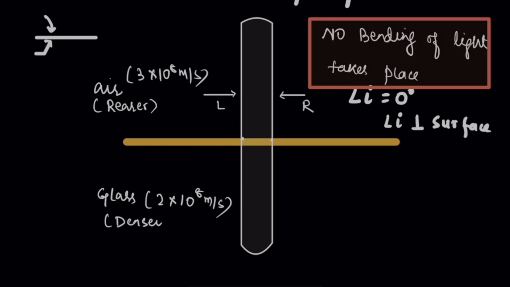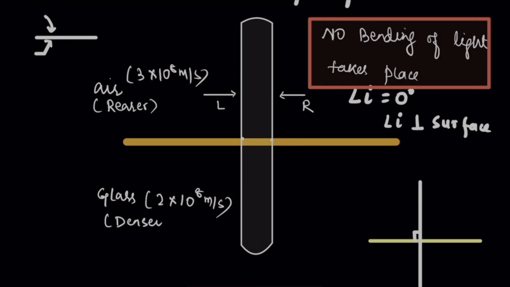The same thing we can also draw. This is the surface and this is the incident ray. So incident ray is perpendicular, so it will pass the surface without bending. So this is our case number 1, where incident ray is perpendicular to the surface.